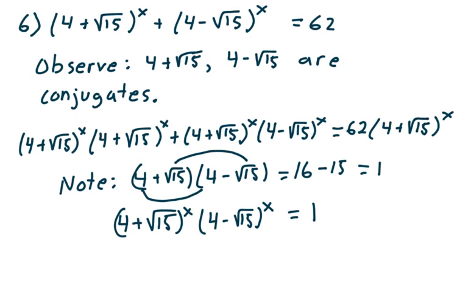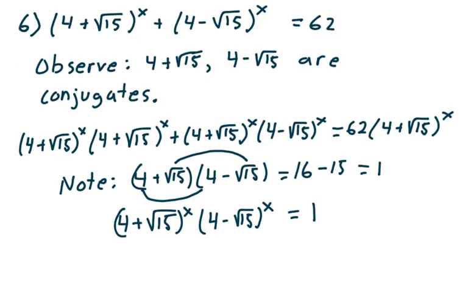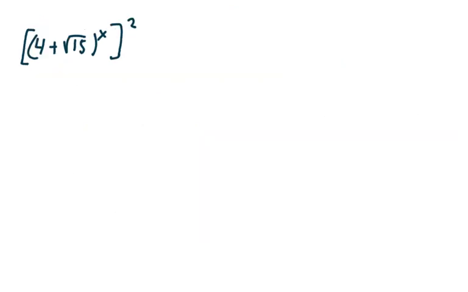Okay? Now, watch what happens here. We get 4 plus square root of 15 to the x raised to the second power. Okay? That's the first term. Plus 1. And we're going to set that equal to 62 times 4 plus square root of 15 to the x.